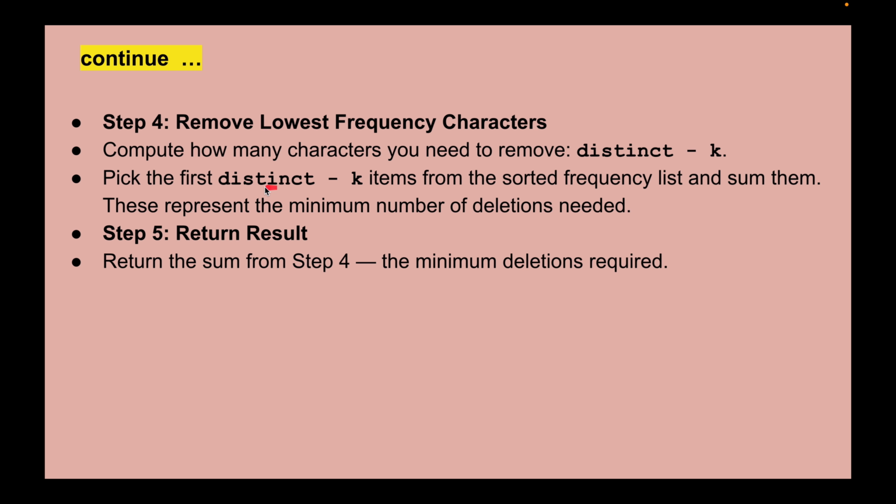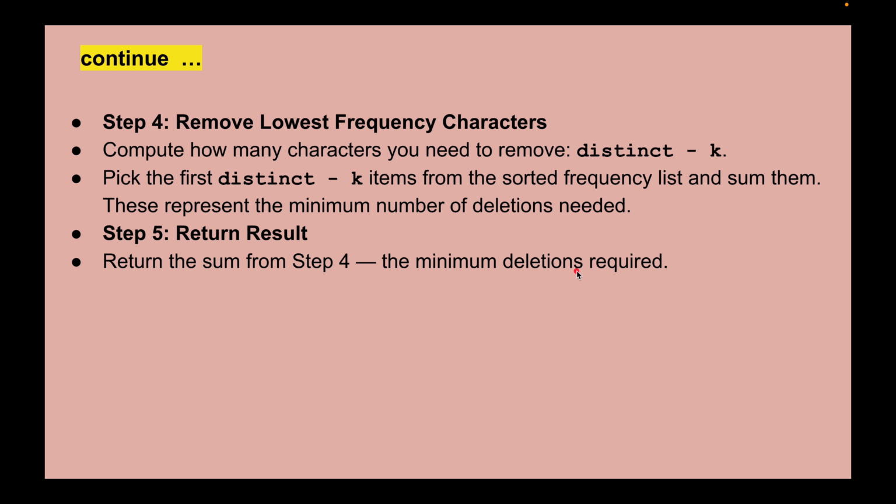Meaning distinct minus k, and we'll find how many distinct characters we need to remove, right? Then we'll remove the lowest frequency characters accordingly, and finally return the result. We'll return the sum from step 4, and that way we get the minimum deletions required.